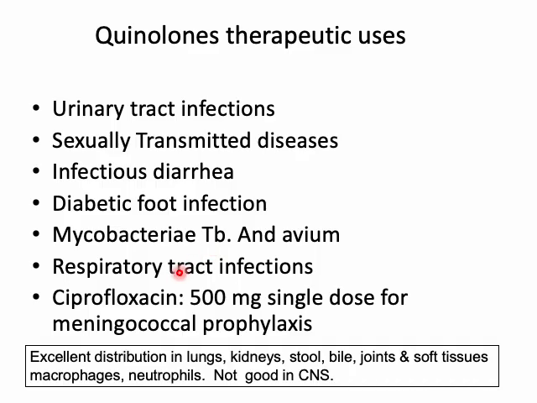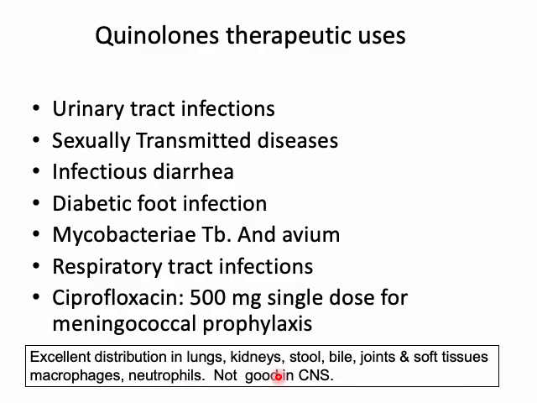We talked about fluoroquinolones. Now there's something really nice about them also, in addition to their broad spectrum of activity, is that they have a wonderful distribution in lungs, in the kidney, in the stool, in the bile, in the joint, in the soft tissue, macrophages and neutrophils. This is why they are good for tuberculosis, because they distribute inside the macrophages and neutrophils, and this is where the Mycobacterium tuberculosis is sitting.